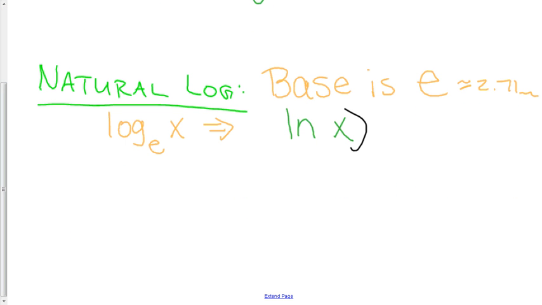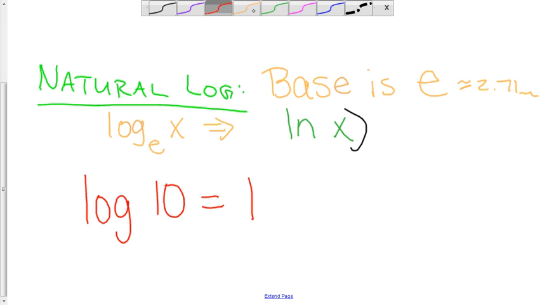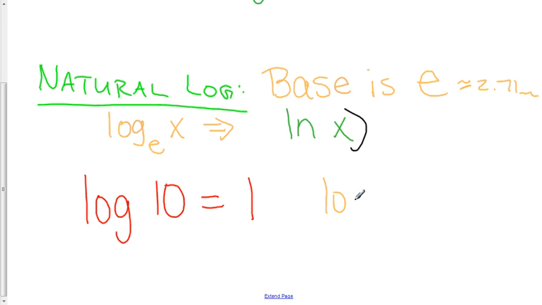Now in using those, if we had log of 10, that would equal 1. If we had log base 10 of 10 to the 6.2 power, that would just be 6.2.